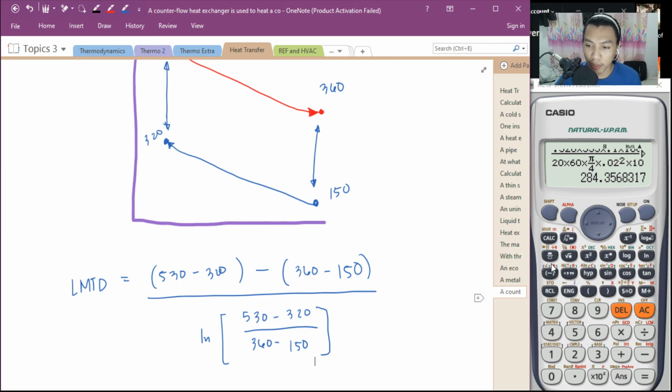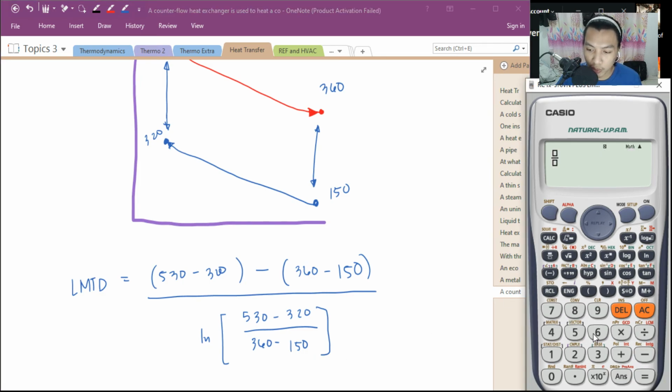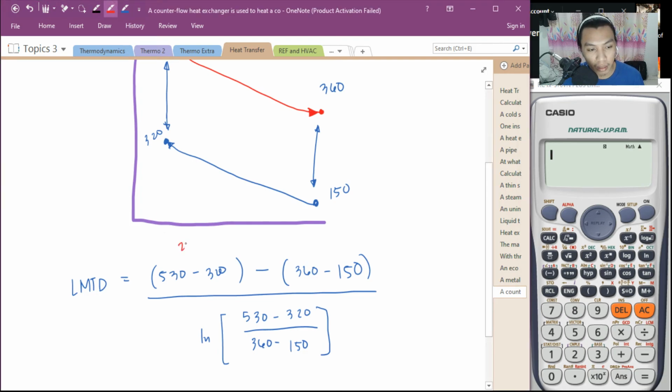Solve natin, okay? Para makita natin. So, 530 minus 320, simplify mo natin, I think that is 210. Okay? And this is what? 360. Oh, 210 din. Tapos dito, 210, 210.